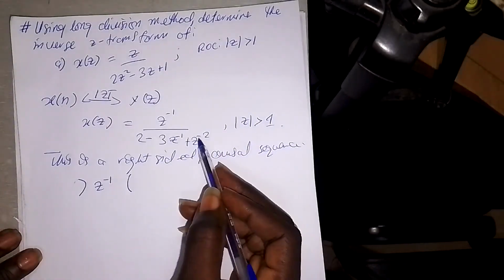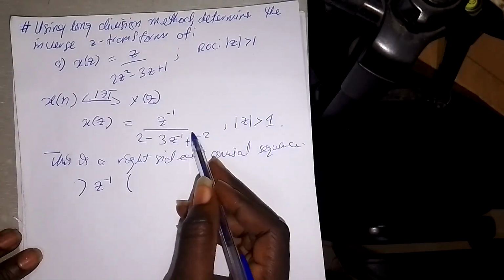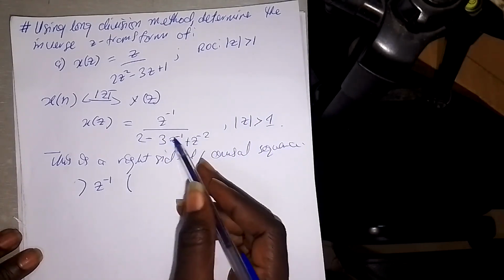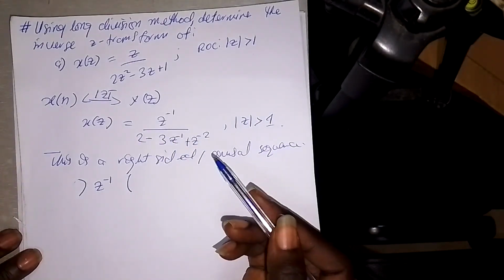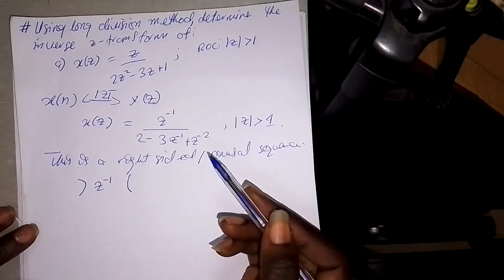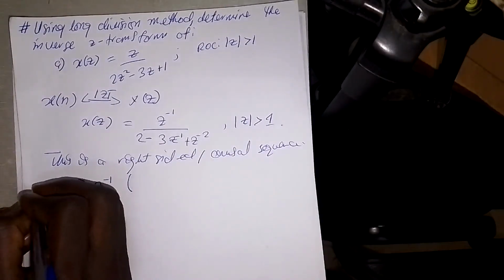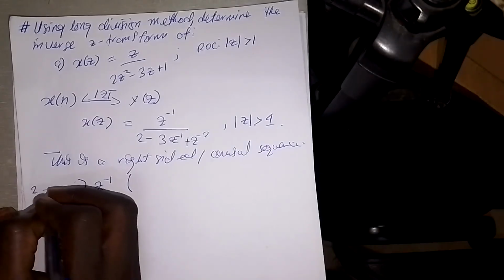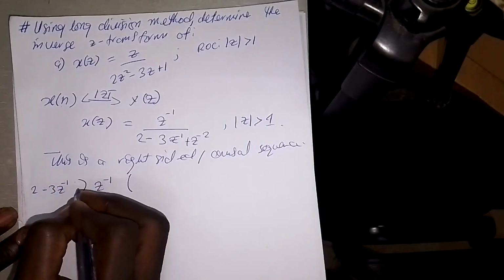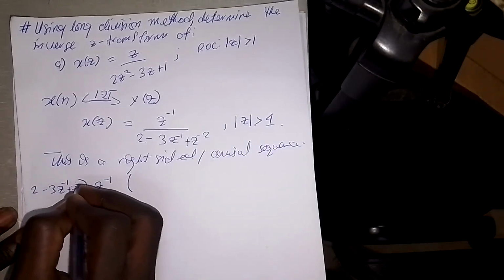Here I have z exponent minus 2, z exponent minus 1, z exponent 0. 0 is greater than minus 1, which is greater than minus 2. So that means the highest power of z here is 2. So I'll begin here with 2 minus 3z exponent minus 1 plus z exponent minus 2.